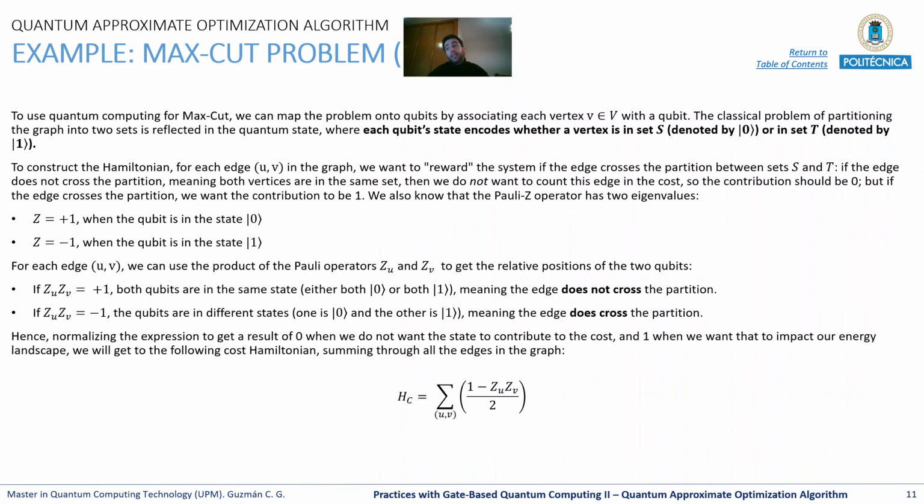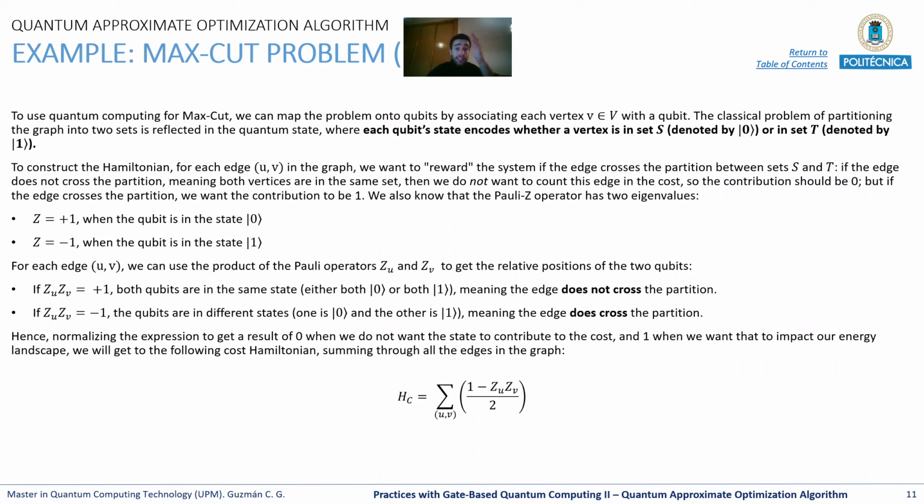If you remember the previous classes where we were talking about the mixer Hamiltonian, cost Hamiltonian, and the adiabatic process, this is the Hamiltonian where we will end our adiabatic evolution. Remember that this is not a real adiabatic evolution, because this is an approximate approach.